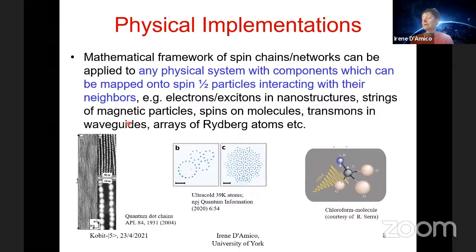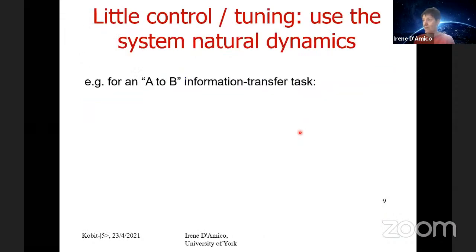It also represents the case of magnetic particles with 1/2 spin. It could represent spins on molecules, transmons, qubits on waveguide, arrays of Rydberg atoms, and so on and so forth. So it's a very interesting mathematical framework because the results can be applied and adapted to a whole host of physical implementations.